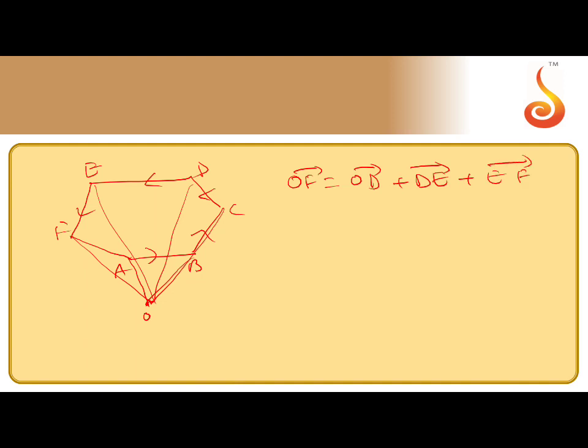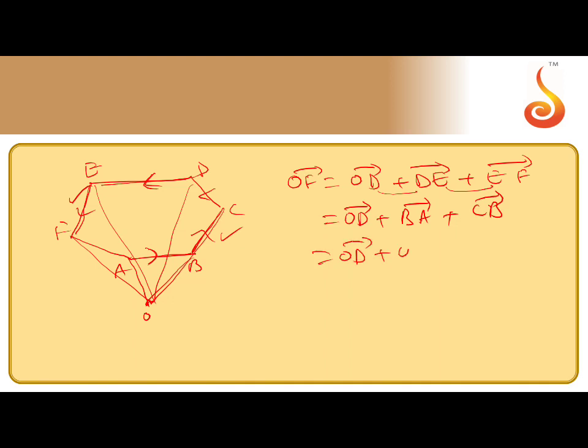In this, the two D's coincide, this becomes OE by the triangle law of addition. Here E coincides, that becomes OF. Finally, you get OF here. So OD keep it as it is; OD we already know. So DE is in this direction and this is opposite of AB. That means you can take it as BA. EF and BC are in opposite directions, we can take it as CB.